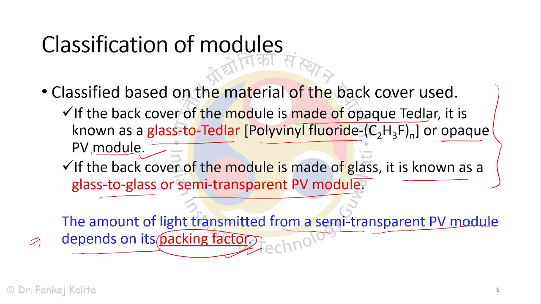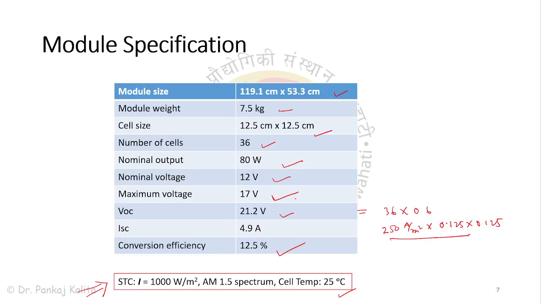This classification is based on the back cover, whether it's glass to Tedlar or glass to glass or semi transparent, and that you can go through. So if we go to the market, what specifications are given for a module? This is the table that shows what specifications are given in a commercialized PV module.